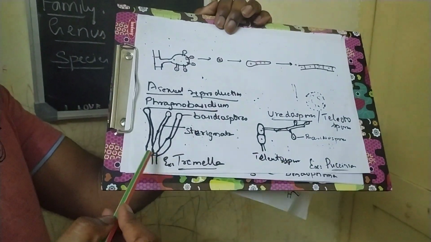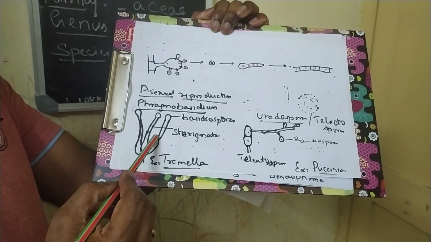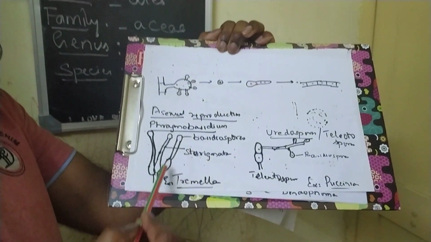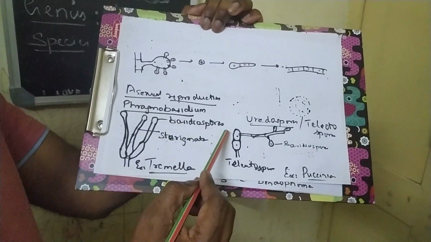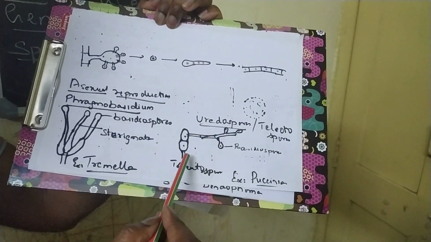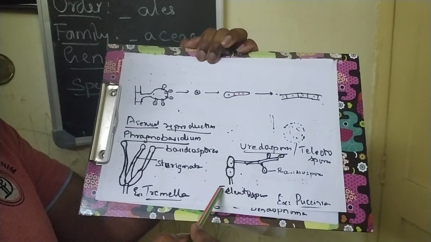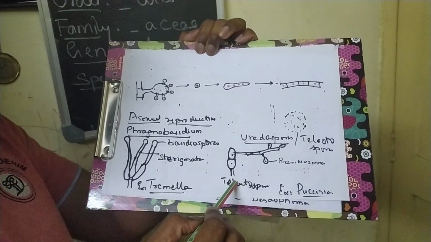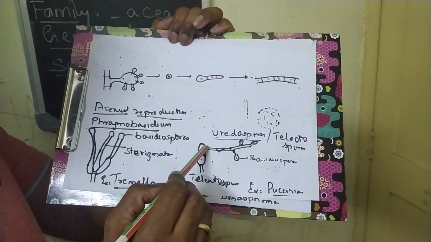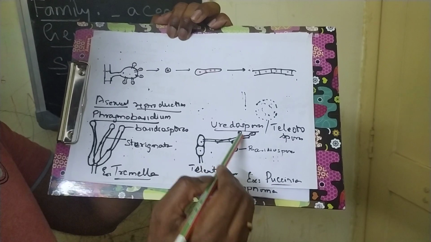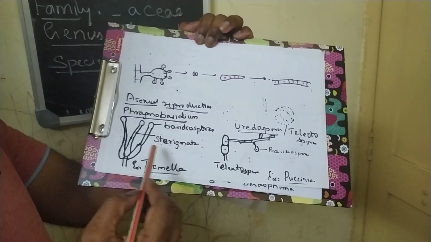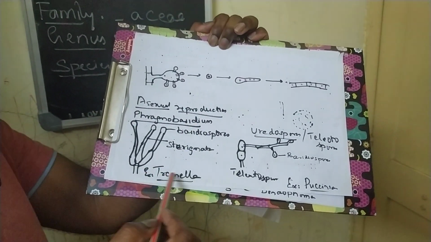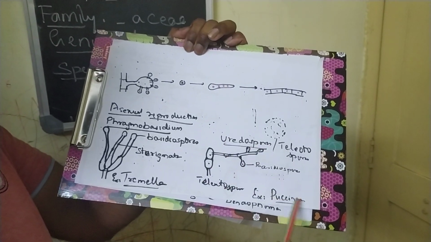So you can see that the conidiophore will give rise to split bottle-shaped sterigmata, which are very elongated, and the tip will give you the basidiospores. And the other one is where the teliospores, which are formed by sexual reproduction actually, one of the upper cells will develop a mycelium and give rise to basidiospores. Here the example for phragmobasidium is Tremella, and here it is Puccinia.